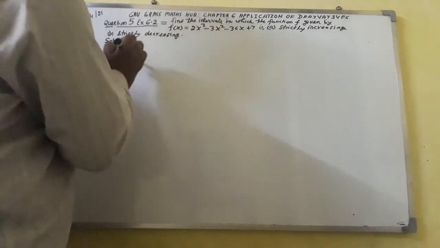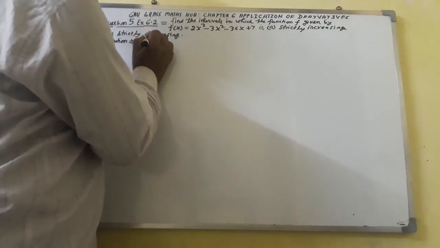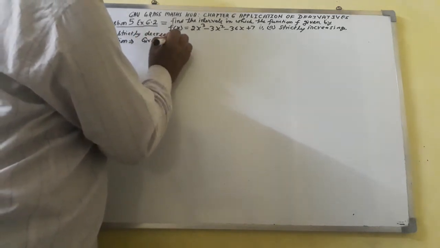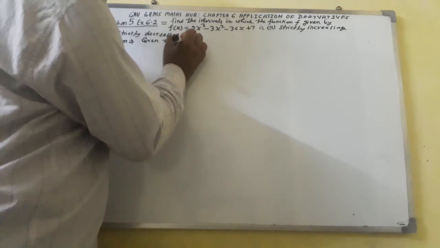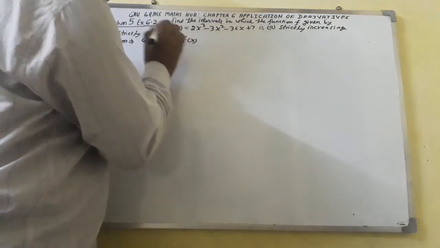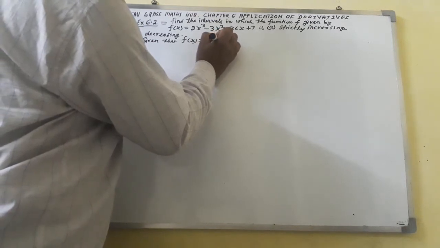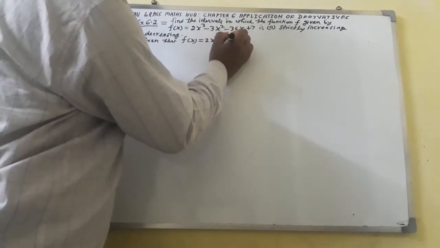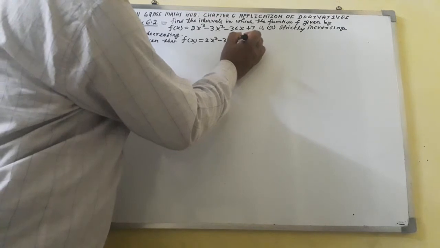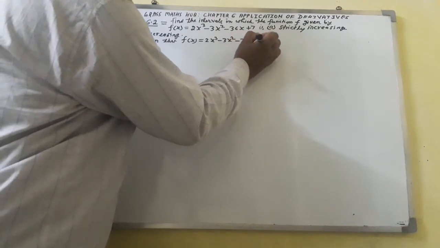Solution: given that f of x equal to 2x cube minus 3x square minus 36x plus 7.